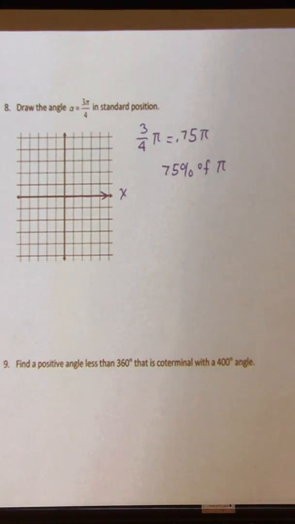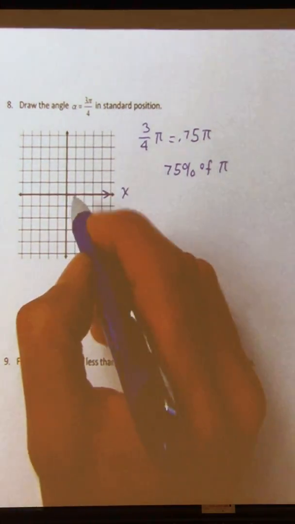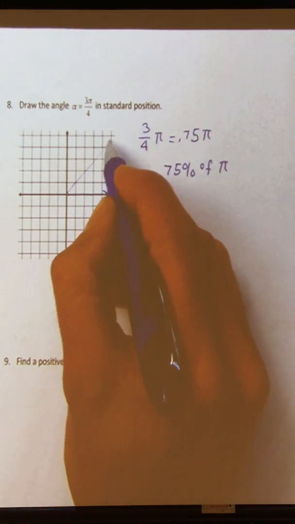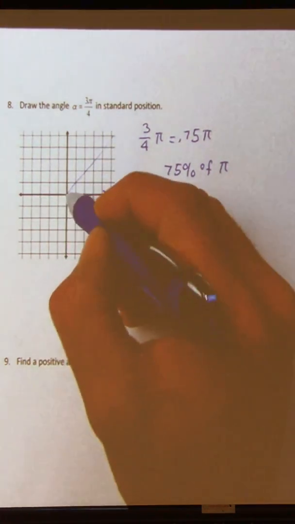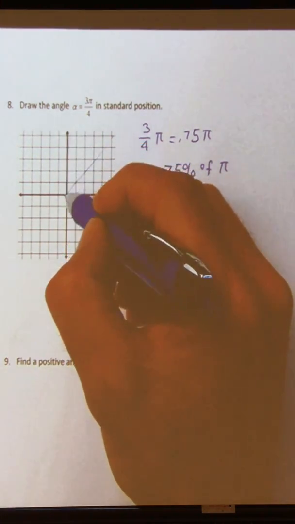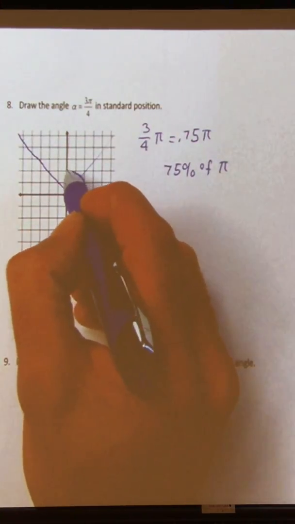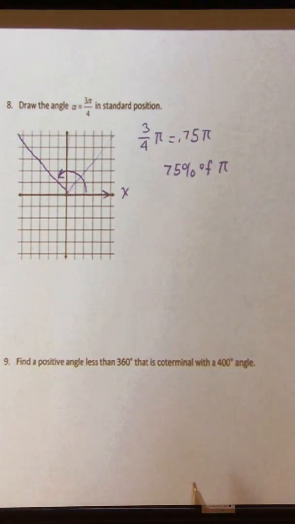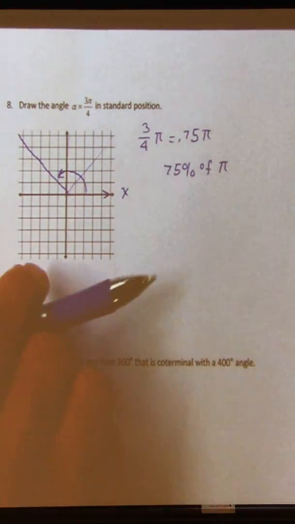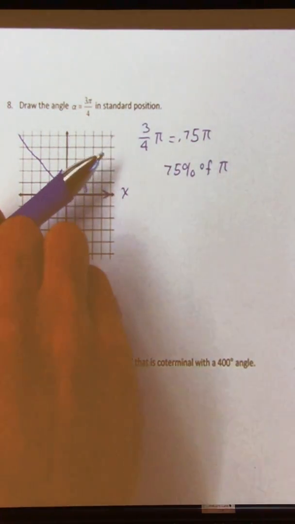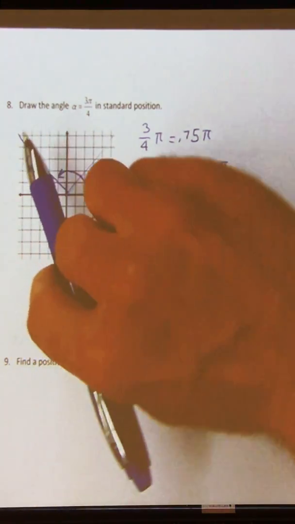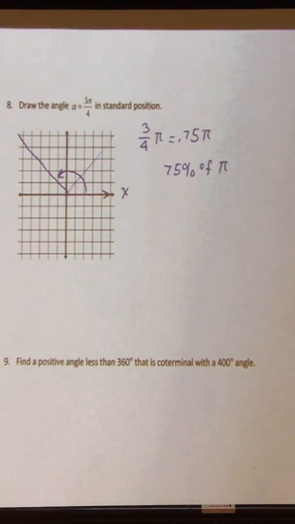Pi represents a half rotation. So 1/4 would be right here at 45 degrees, and 2/4 would be here at 90 degrees, so 3/4 would take you here. That angle right there is 3 pi divided by 4. So it's a rotation of 1/4, 2/4, 3/4 of pi.